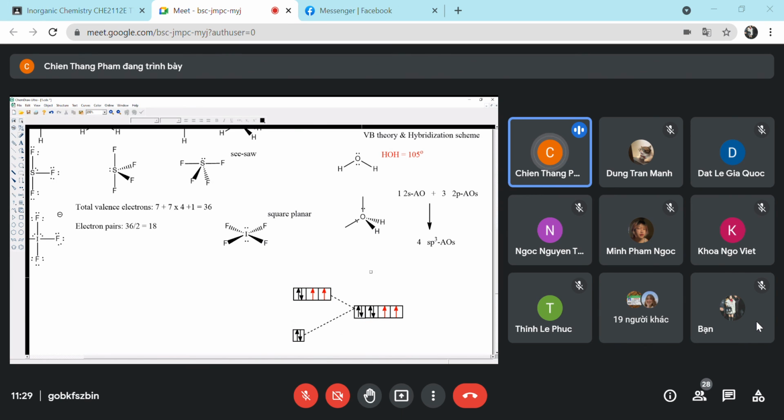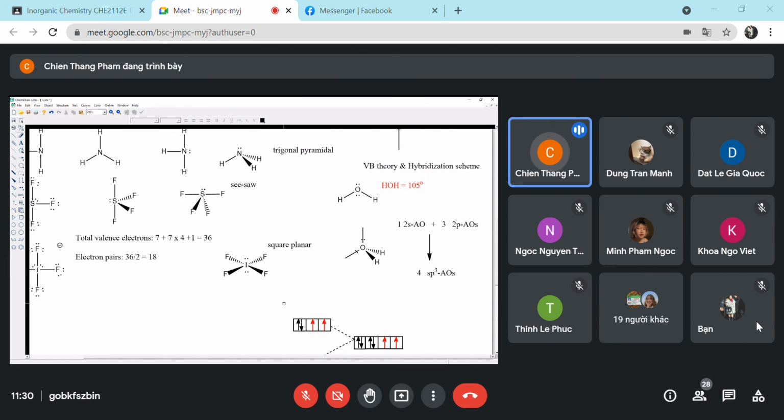Now oxygen has 4 equal atomic orbitals, and 2 of them hold lone pairs. The other 2 have unpaired electrons, and these can overlap with the atomic orbitals of hydrogens. The standard angle here is 109 degrees, so this one is near 105, more than 90 degrees. So the hybridization scheme of oxygen is sp3.